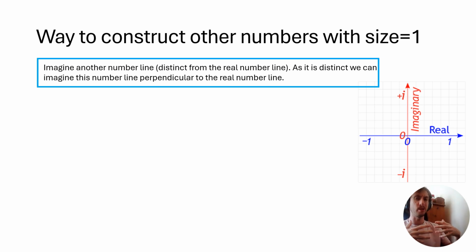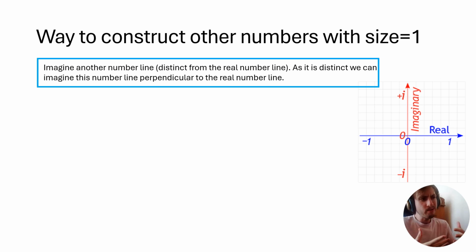That is, none of its parts are somehow real. And therefore we can think of a number which is imaginary as having all of its components along the imaginary number line and none of them along the real number line.